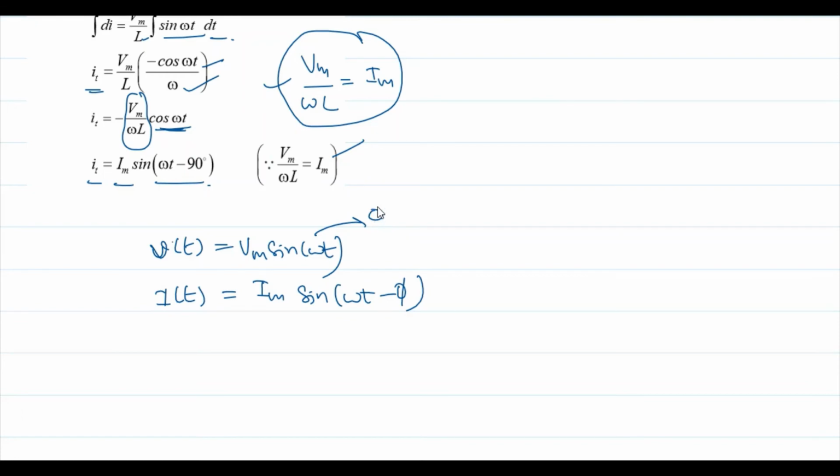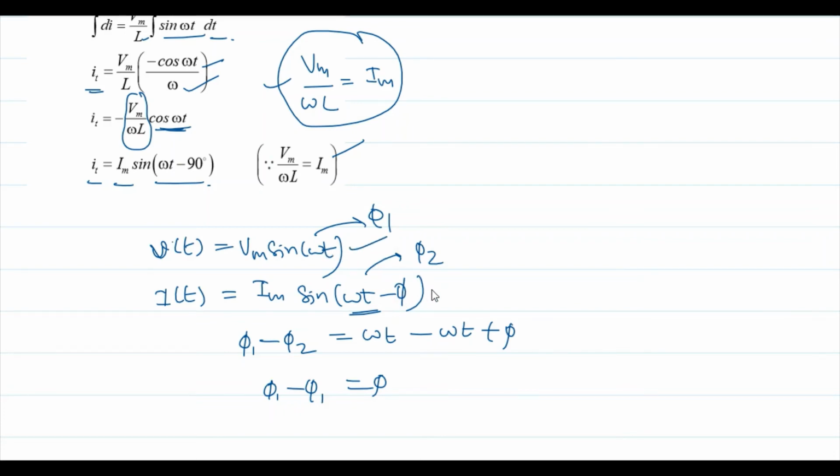If I call this one phase 1 and this one phase 2, the phase difference between both is phi 1 minus phi 2, which gives omega t minus omega t plus 90, so the phase difference is 90 degrees in this case. As you can see, in the case of current, the phase is less by that amount. So compared to the voltage it is less, meaning the current is lagging, as we have already seen in the phase difference case. Okay.